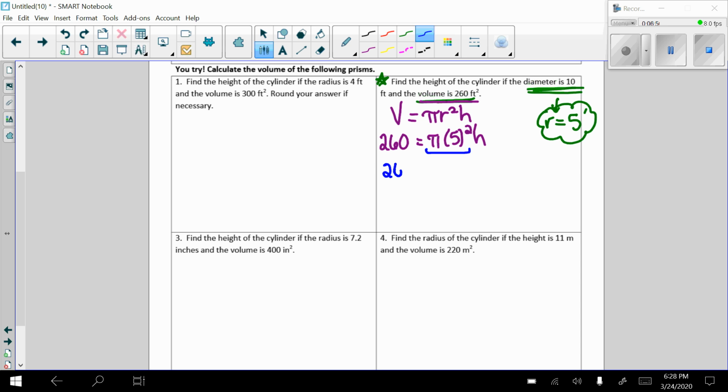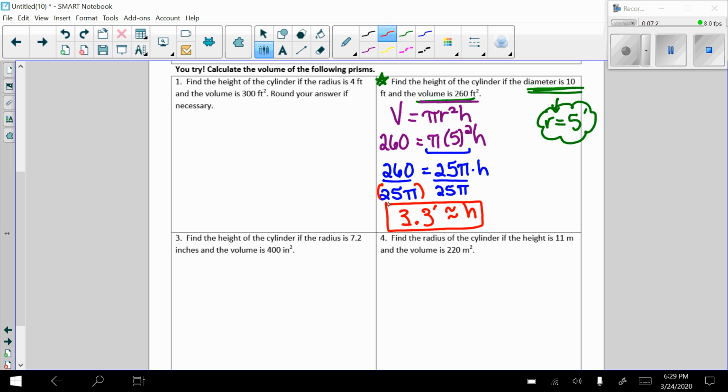So we get 260 equals 25 pi times height. In order to isolate that variable, that h, we need to move over the 25 pi, so we're going to divide by 25 pi on each side. I've got a little reminder here for you: put the 25 pi in parentheses so that you get the correct answer. You should get a height of approximately 3.31. You could leave it as 3.3 if you want.